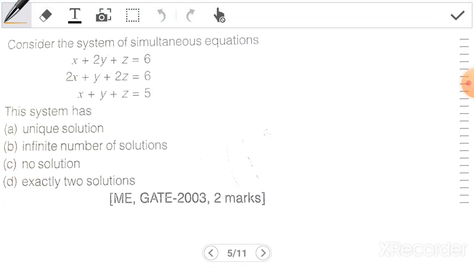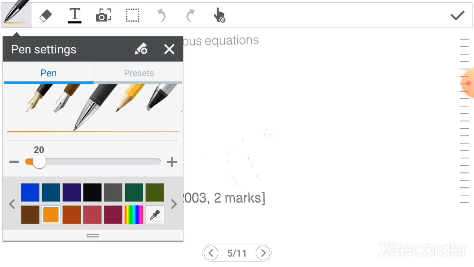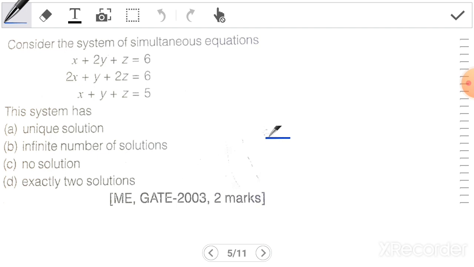Consider a system of simultaneous equations. This system has a unique solution, infinite number of solutions, no solutions, or exactly 2 solutions. To find rank, we need to convert the matrix into echelon form. So let's rewrite this. The coefficients 2, 1, 2, 1, 1, 1.